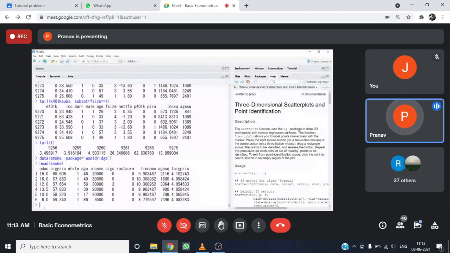So this is again the data set that we have. Then do the following steps: run the normal OLS, check for the heteroscedasticity.